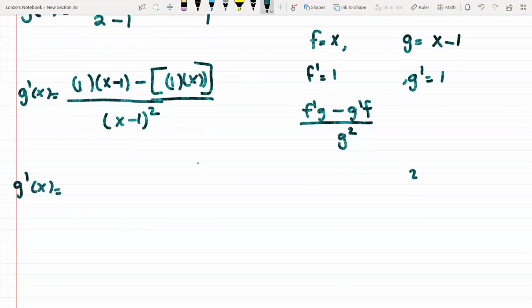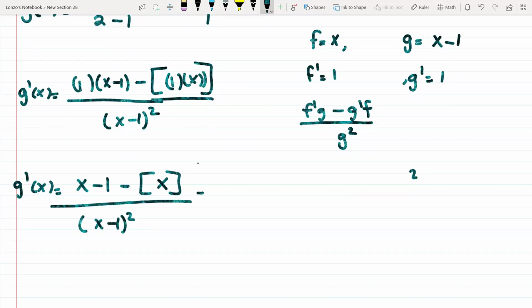So 1 times x minus 1 is x minus 1, minus 1 times x is x, all over x minus 1 squared.